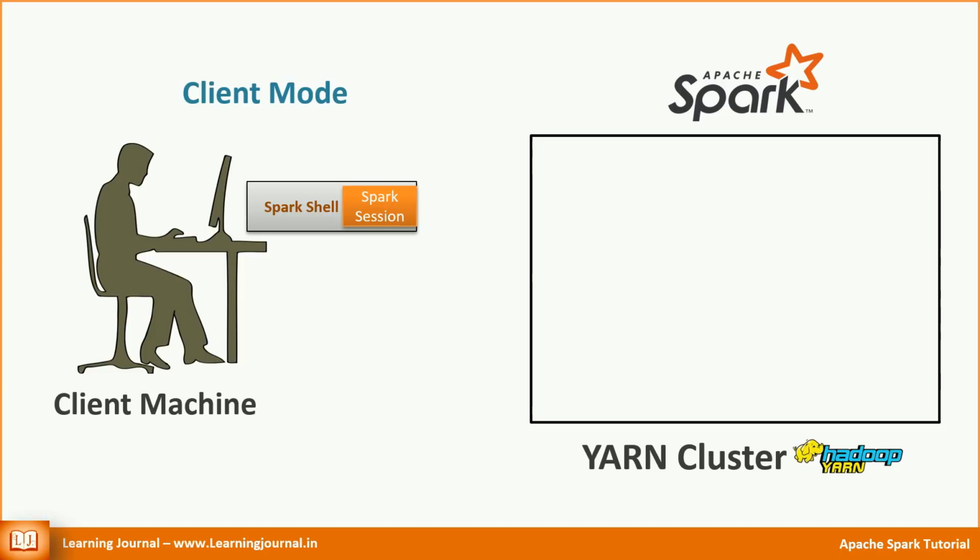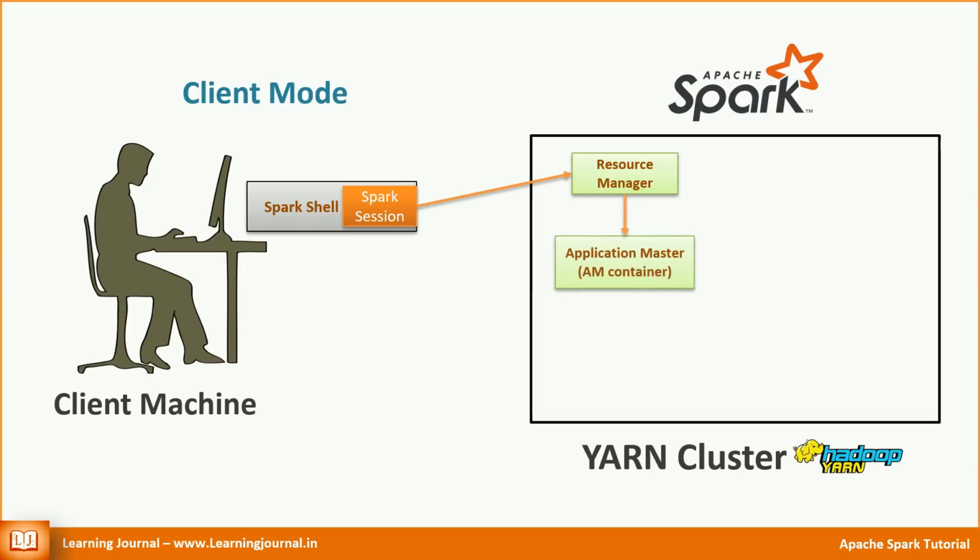Now, assume you are starting an application in client mode, or you are starting a Spark Shell. In this case, your driver starts on a local machine, and then as soon as the driver creates a Spark session, a request goes to the Yarn Resource Manager to create a Yarn application. The Yarn Resource Manager starts an application master. For the client mode, the application master acts as an executor launcher.